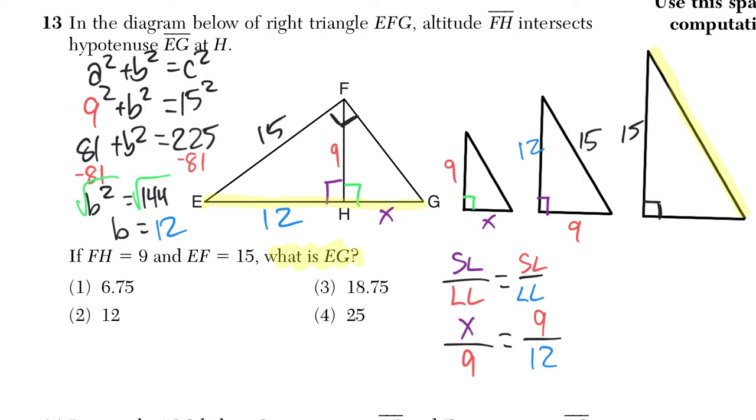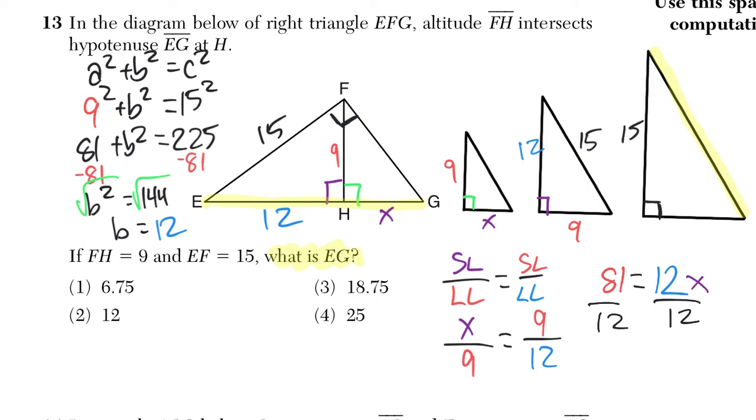And let's simply cross multiply. We're going to solve for x. Here is what I know. 9 times 9 is going to give us 81 equals 12x. And when we divide both sides by 12, 81 divided by 12 is what?